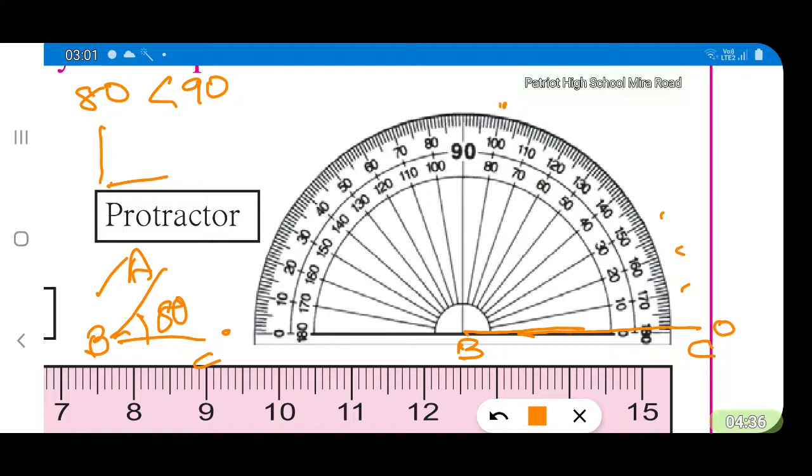You mark the point at 80 degrees as A. Remove the protractor and join A with B, so that you get angle ABC equal to 80 degrees. You can see on the protractor it is 80 degrees.